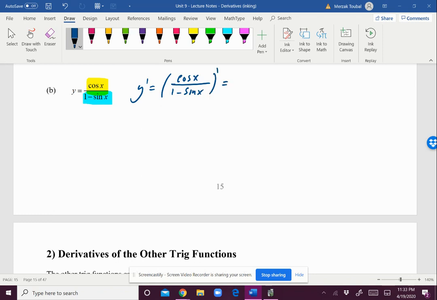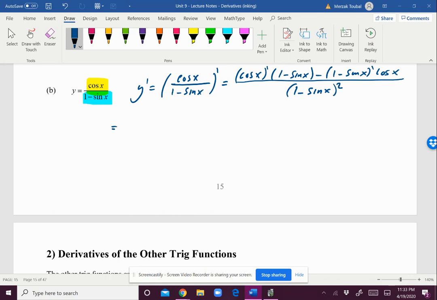So the formula again is derivative of cosine multiplied by 1 minus sine, minus derivative of 1 minus sine times cosine, all divided by 1 minus sine squared.